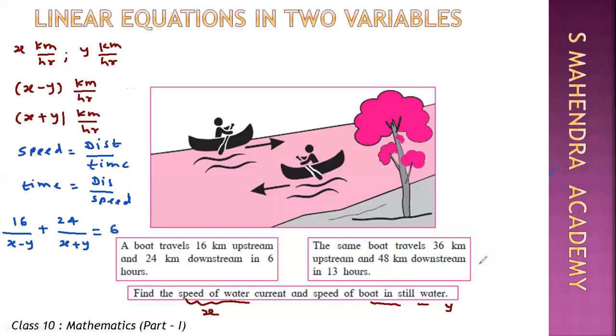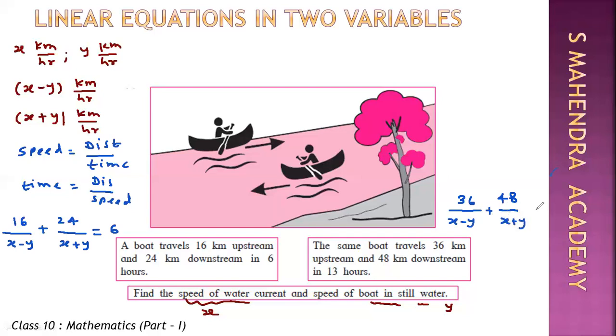And for condition second, the boat travels 36 km upstream and 48 km downstream. So the speed for upstream is y minus x kilometer per hour and y plus x for downstream.